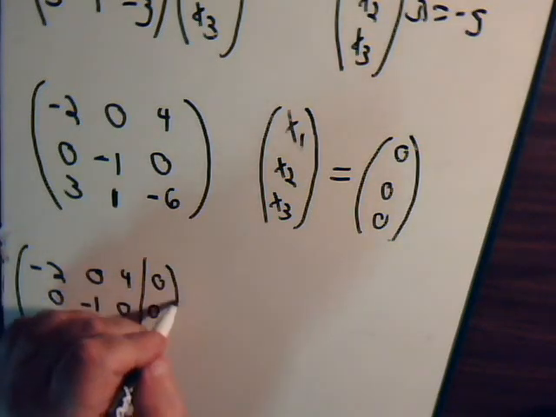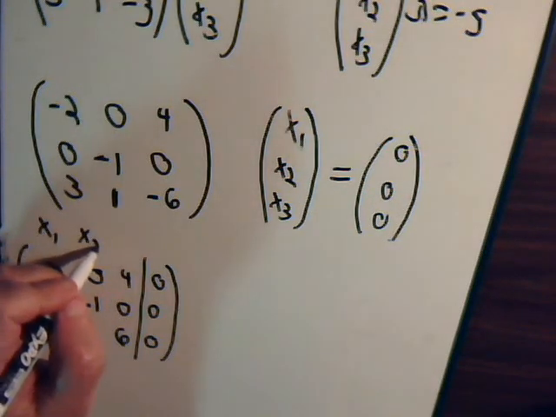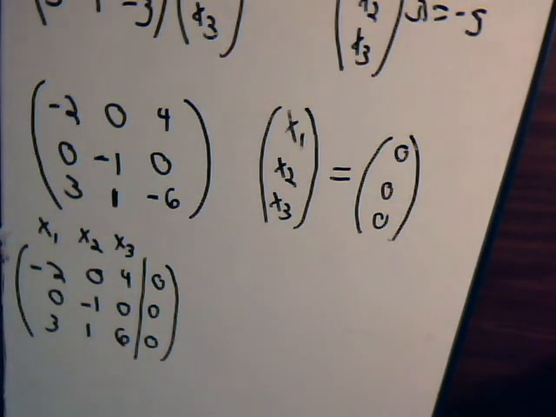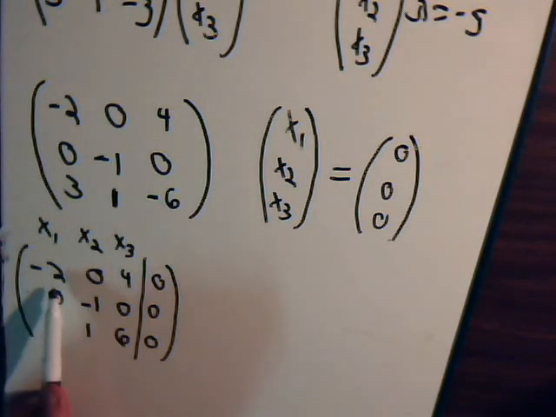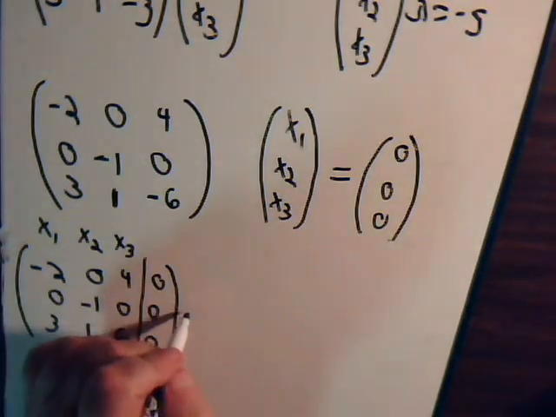Like this. And remember, this is an x1 column, an x2 column, an x3 column. And let's see, what can we do here? Well, we always want to make this 1, so let's divide the first row through by minus 2.